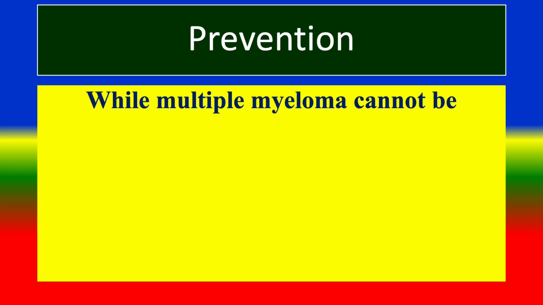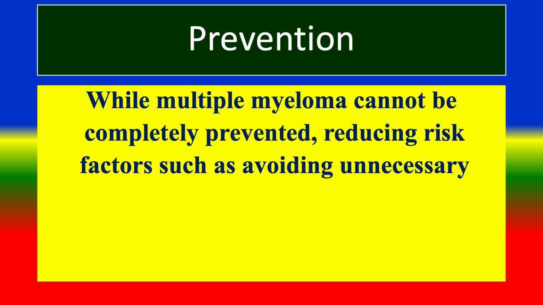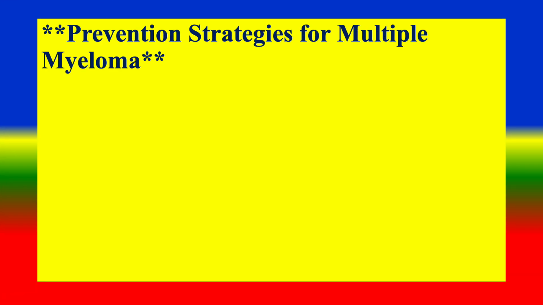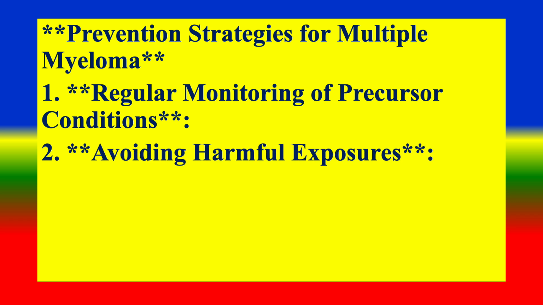Prevention. While multiple myeloma cannot be completely prevented, reducing risk factors such as avoiding unnecessary radiation exposure and early monitoring of MGUS can help. Prevention strategy for multiple myeloma. 1. Regular monitoring of precursor conditions. 2.